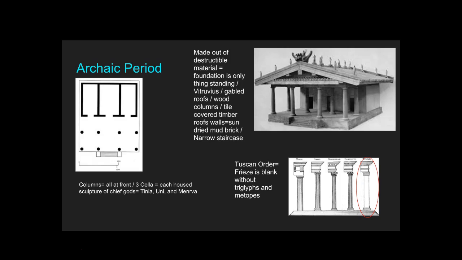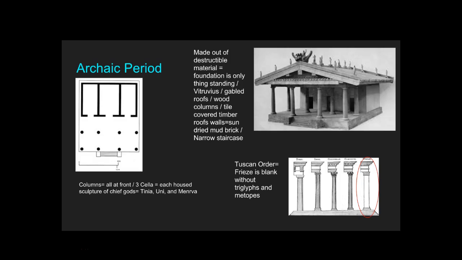The Archaic period is commonly known as the Vitruvius period. Vitruvius was a Roman author, civil engineer, and military engineer during the 1st century BC. He kind of coined this era, and he was known for his multi-volume work about architecture.